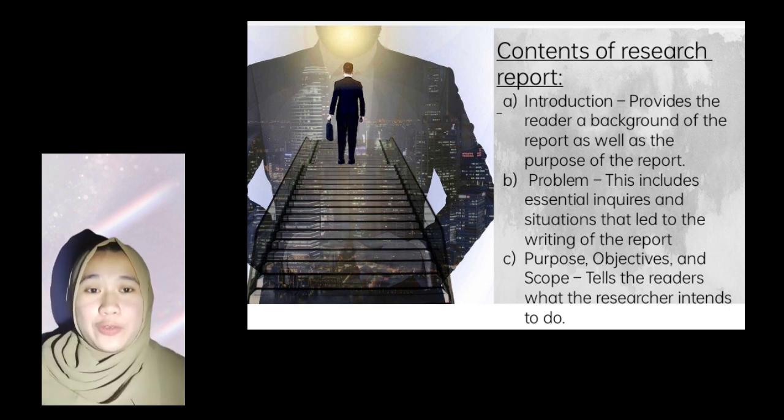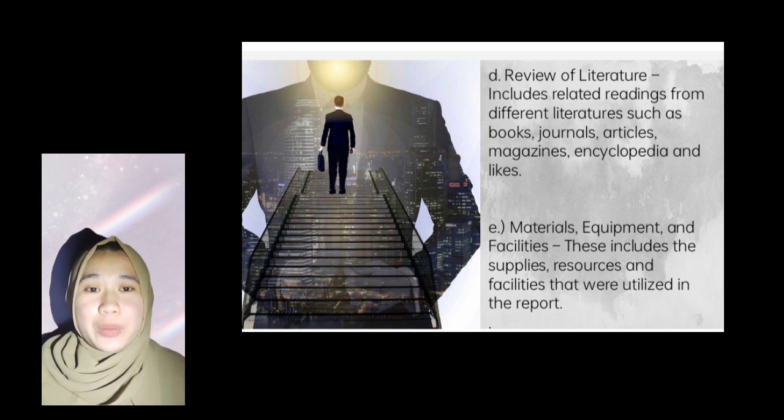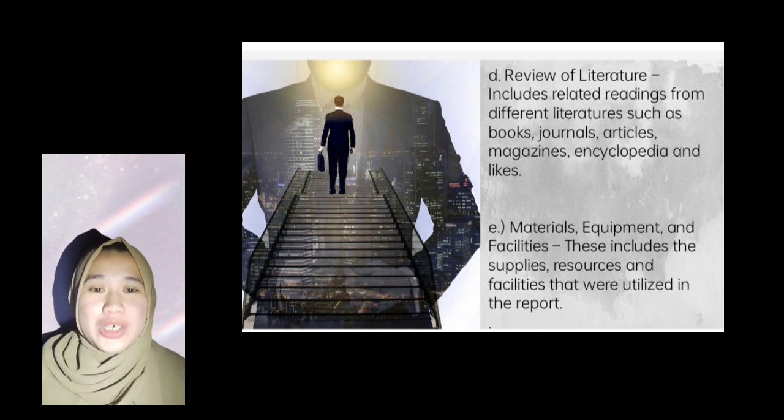Next, we have the review of literature. This part of the report includes related readings from different literature such as books, journals, articles, magazines, and encyclopedia. The review of literature is a critical component of any research report.